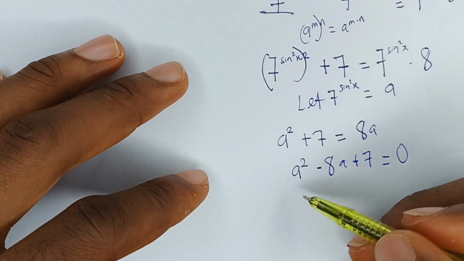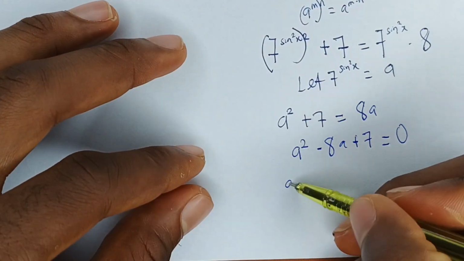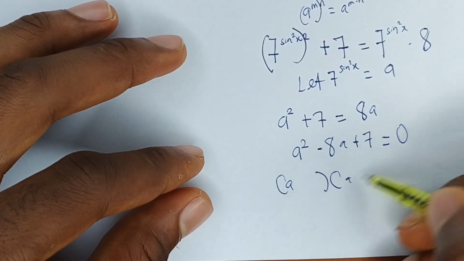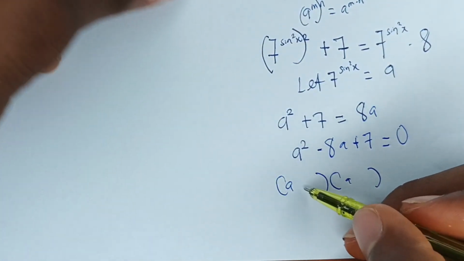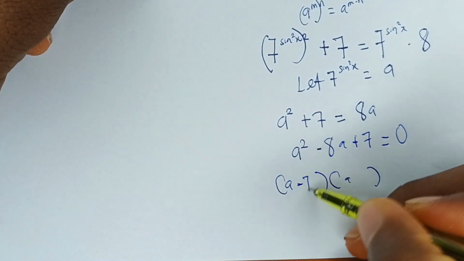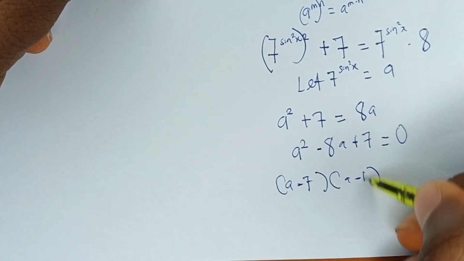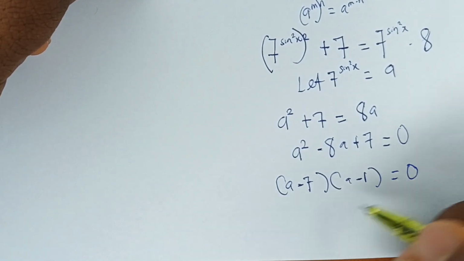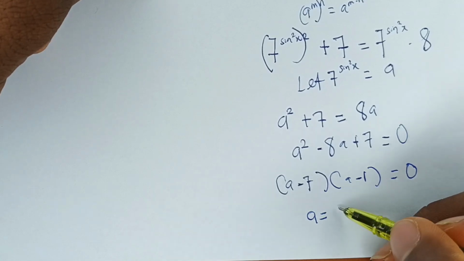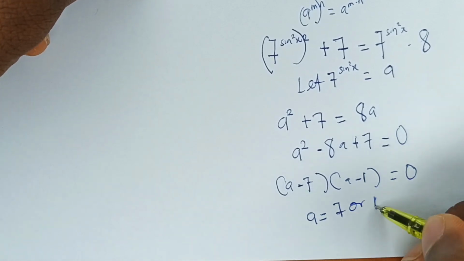Okay, now solving this, we have a minus 7 into a minus 1 is equal to 0, and a is equal to 7 or 1.